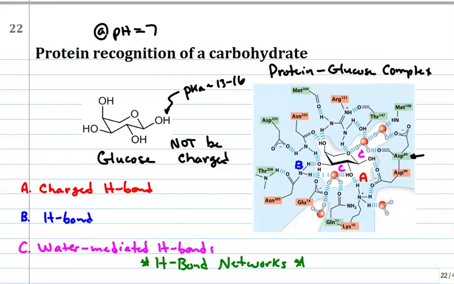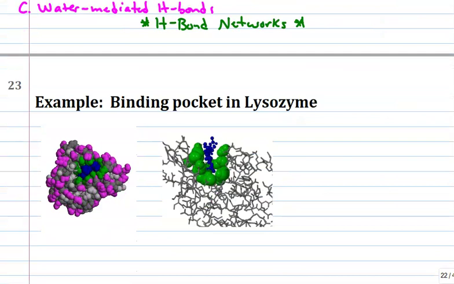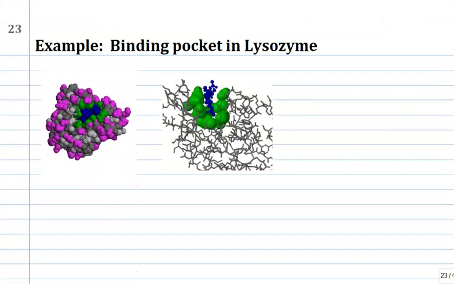All right. So let's do one more page. This is an example of a binding pocket in lysozyme, and there's a lot going on in this figure. The ligand is blue. In this case, we're using a different color scheme. I'm sorry, but that's the way it goes. This is the ligand in blue.